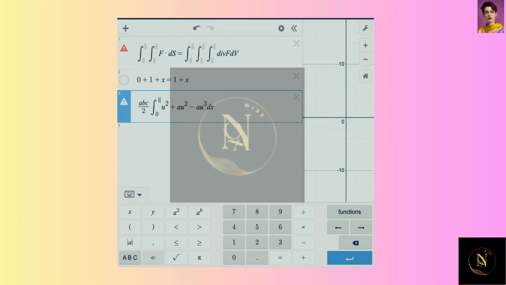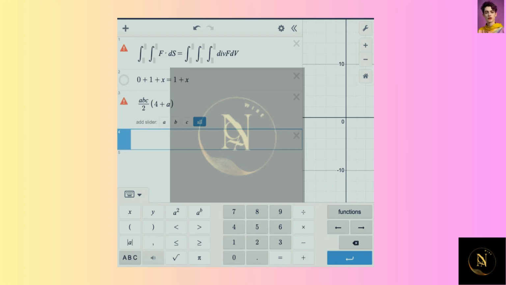And then once we solve this right here, we end up getting 4 plus a. So our final result that we'll end up having is this right here, abc over 24 times 4 plus a.